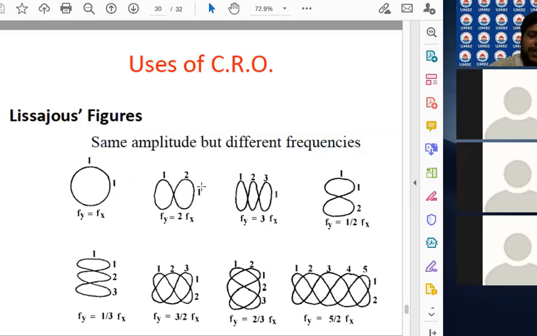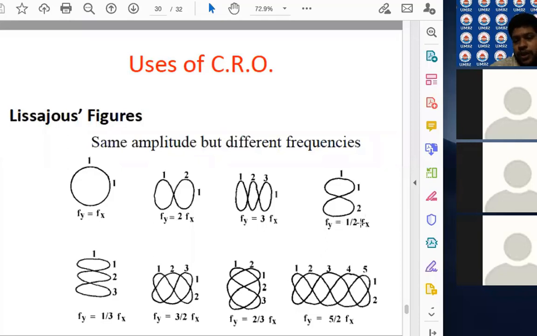So if it is 2 times, then we will have this kind of pattern. So there are 2 loops. And if it is 3 times, then we have 3 loops. If Fy is half, Fy is equal to 1 by 2 Fx, or we can say Fx is equal to 2 times Fy.